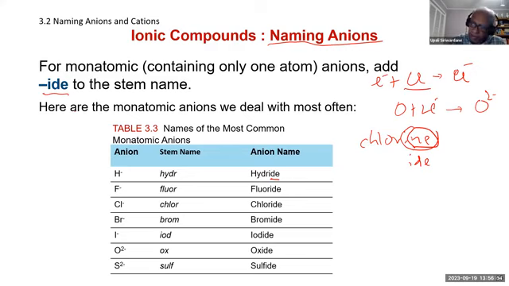Therefore, naming cations and anions is explained here. Cations are the metal's name plus ion. Anions like chloride are named by changing the ending of the element name to ide.